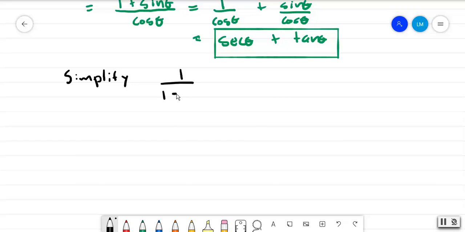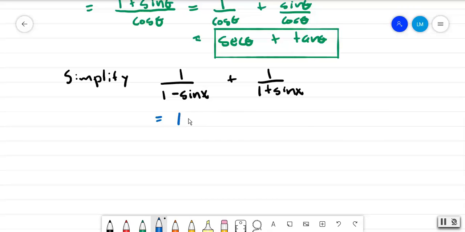We have 1 over 1 minus sine of x plus 1 over 1 plus sine of x. Now, we know that we can combine like terms using a common denominator. So the common denominator between these two is 1 plus sine x and then 1 minus sine x.